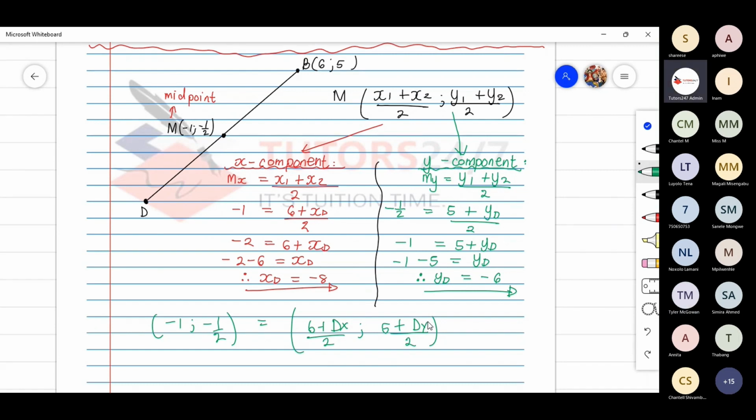Okay, so in an exam paper, if it's stated that M is the midpoint, keep in mind that they won't always use M to represent midpoint. They can use any letter, it doesn't matter. You need to be able to identify that that particular point is a midpoint. If they tell you that M is a midpoint, and they give you the coordinates of B, for example, but you do not have the coordinates of D, this is one of the methods you could use.